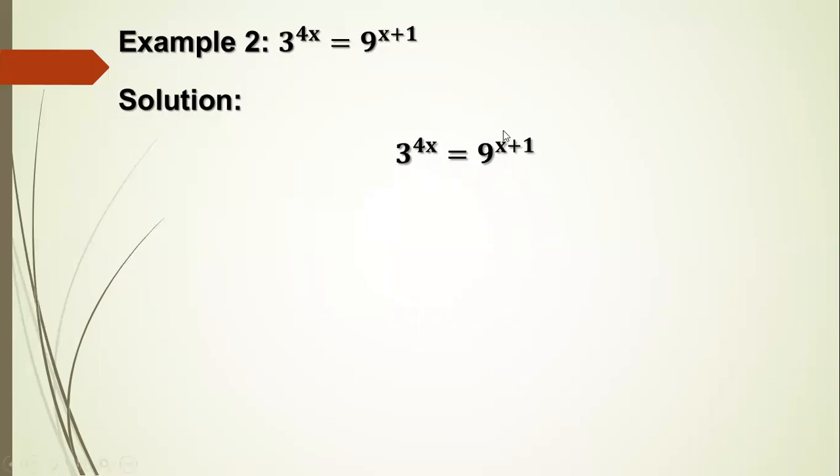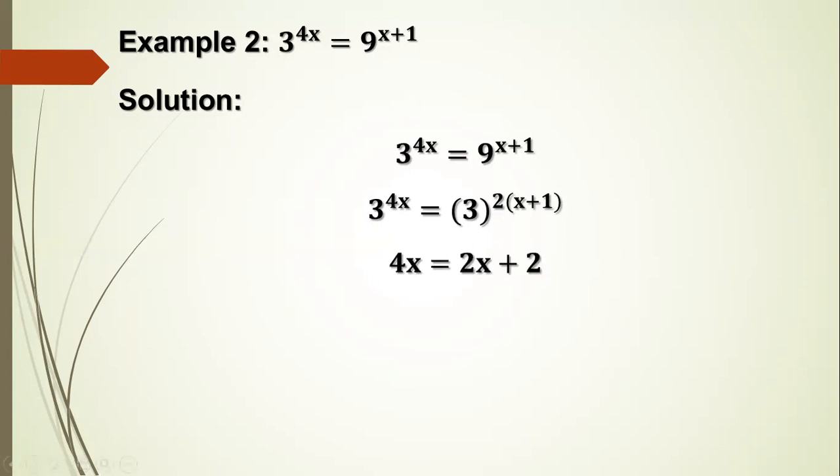So pwedeng yung 9 as the base ng ating right side of the equation, pwede natin siyang express as 3 squared. So we have 3 raised to 4x equals 3 squared times x plus 1.